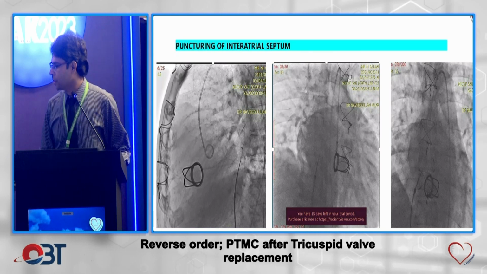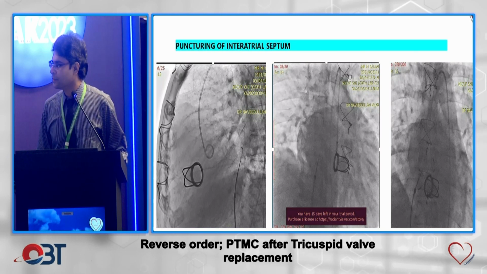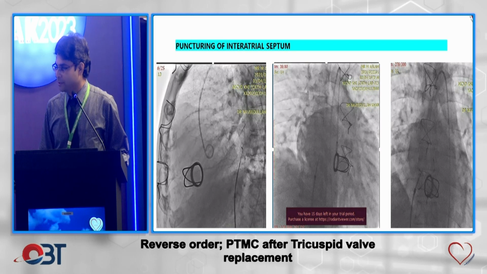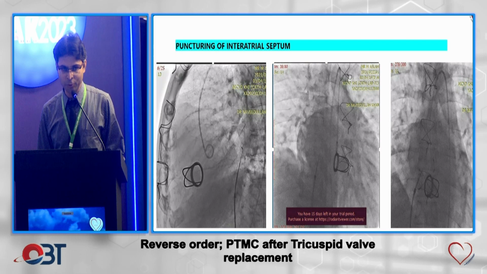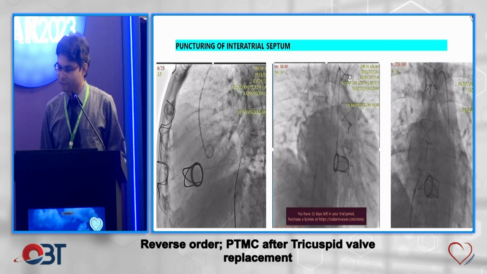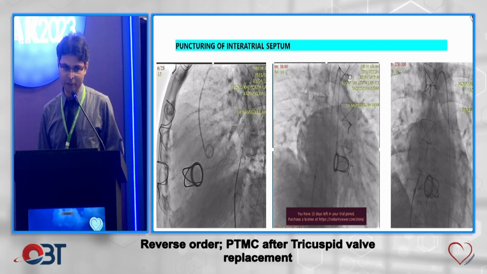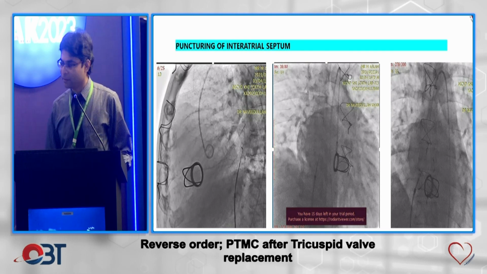The puncture needle at the septal position was confirmed by 3 different views, left lateral, AP and RAO view, in order to correctly puncture the septum, because we have the tricuspid valve.